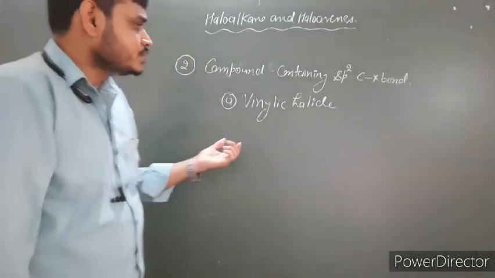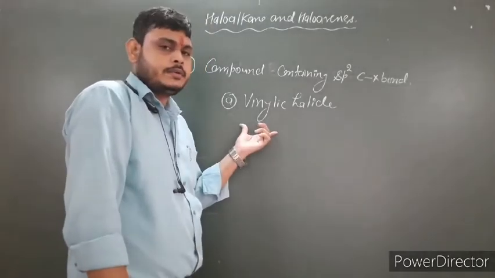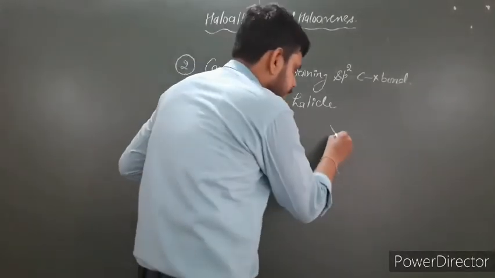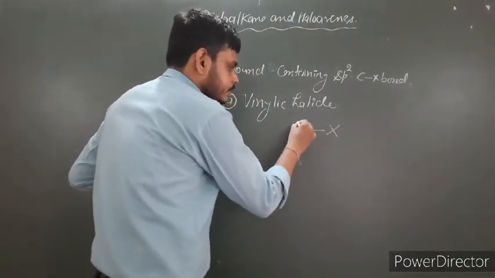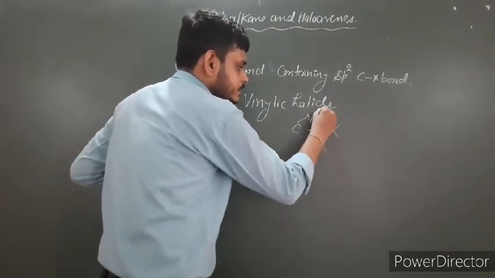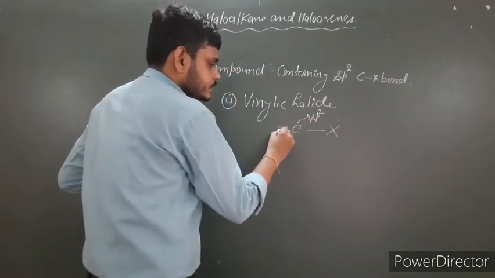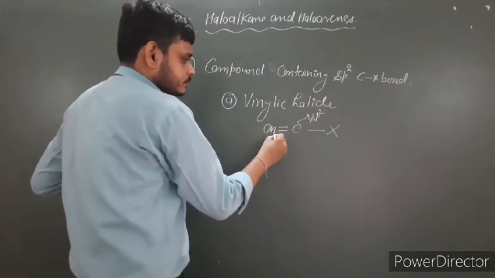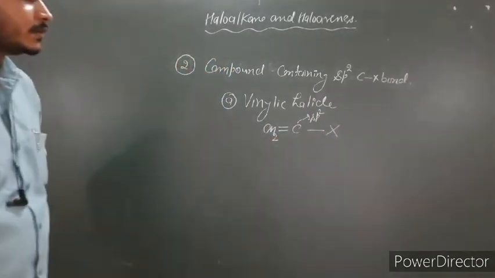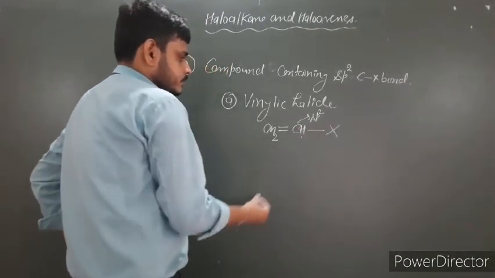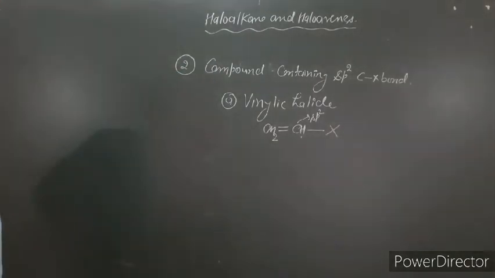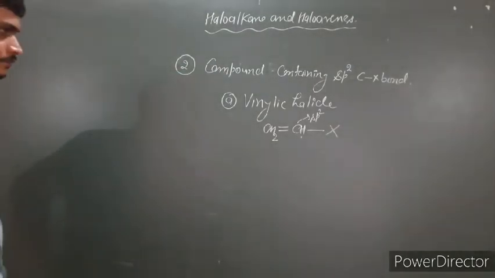Vinylic halides are those halogen derivatives in which the halogen atom is directly attached with the sp2 hybridized carbon atom. That sp2 hybridized carbon atom is this. This is the example of vinylic halide. Clear?